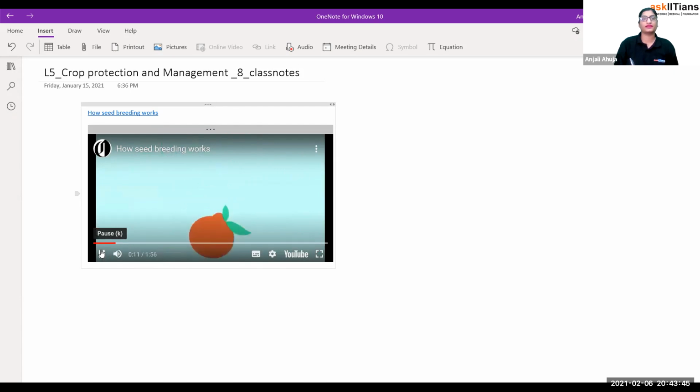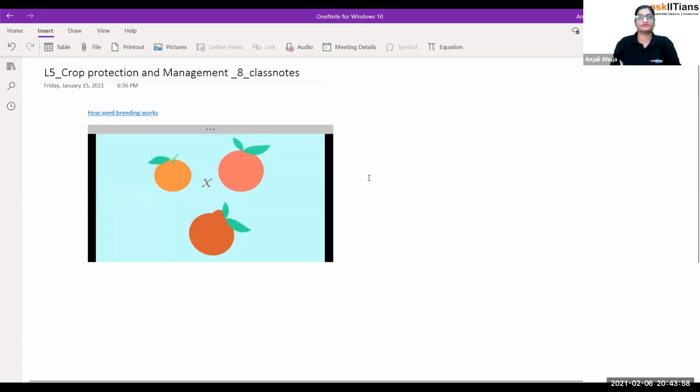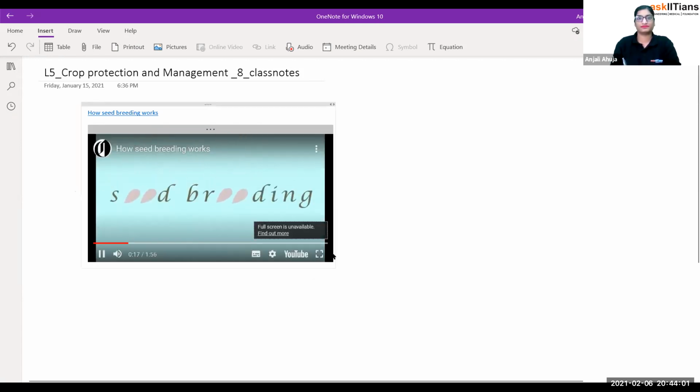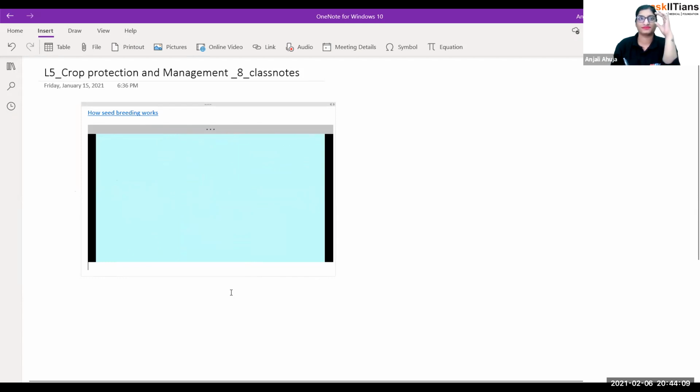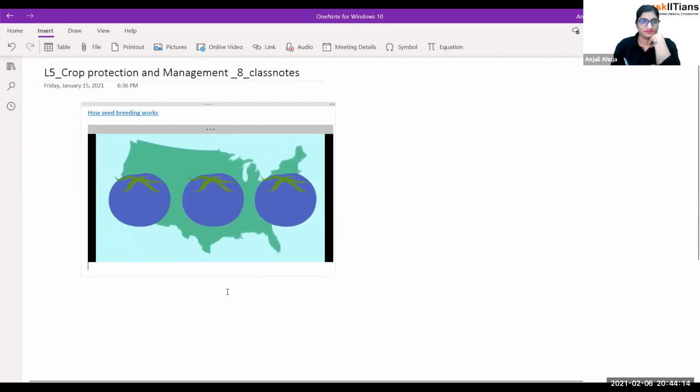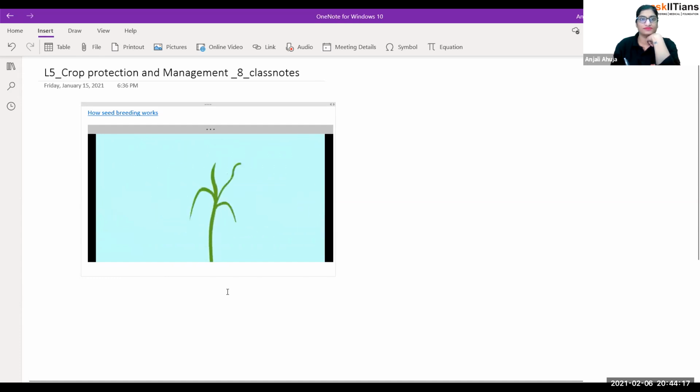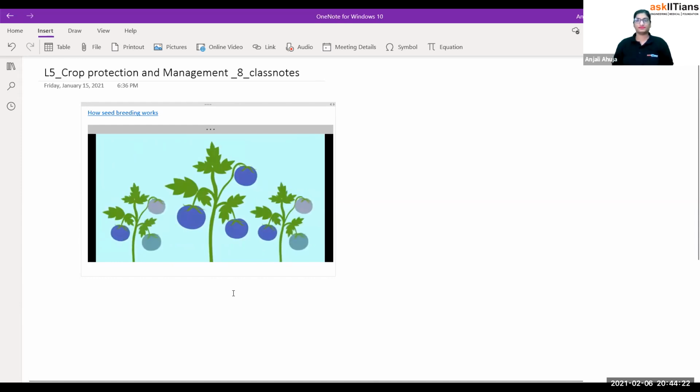What they are taking. So what they're saying that they are taking two plants together and they're crossing it. I suppose you can hear it. You should see this video. That's a cross between a tangerine and grapefruit. Those are results of seed breeding. It's kind of like how we got the Labrador. You cross two breeds to make a new one with the best traits of each. But how does it work? Let's say you wanted to make a consistently blue tomato that could be sold to grocery stores and chefs nationwide. And let's assume blue tomatoes already grew some wild tomatoes in nature, but not consistently enough to sell to the masses.